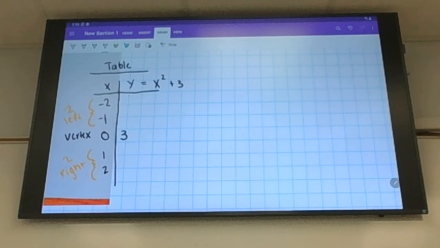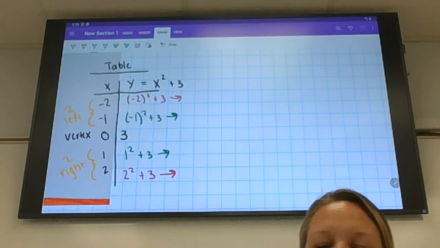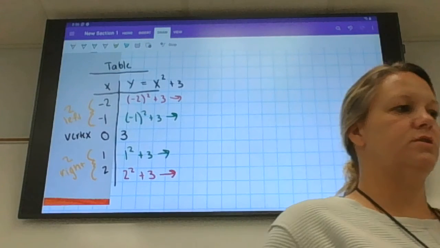I'm going to do -2 squared plus 3, and then -1 squared plus 3. This is just a lot of work, it's like 4 problems in one. So much that students just stop.